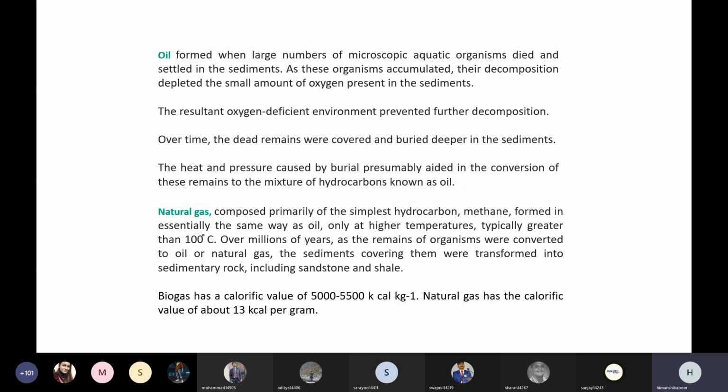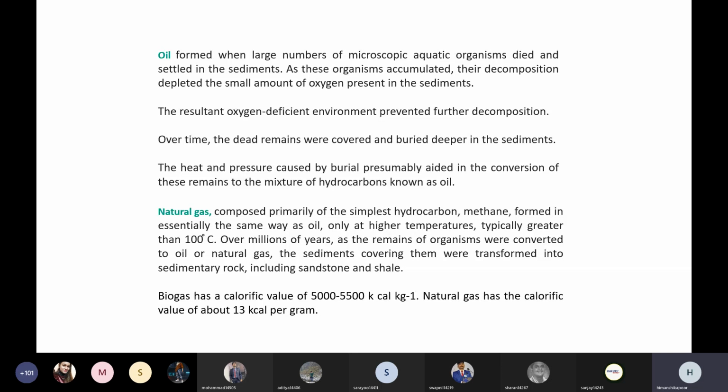The difference between oil and other fossil fuels is that the formation of oil occurred in an aquatic environment. It was the heat and pressure which caused the formation of oil, and these organisms were converted into a mixture of hydrocarbons, which we now call oil.